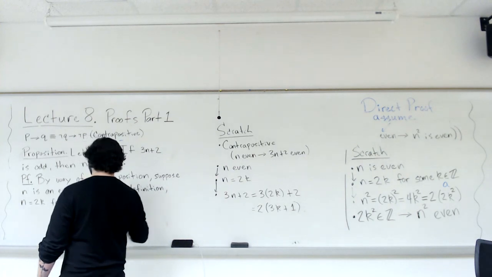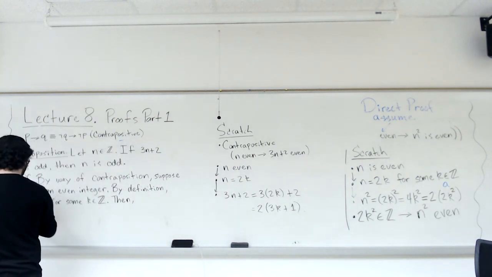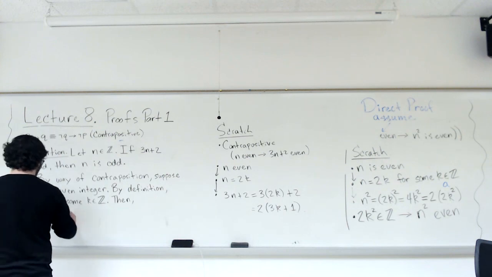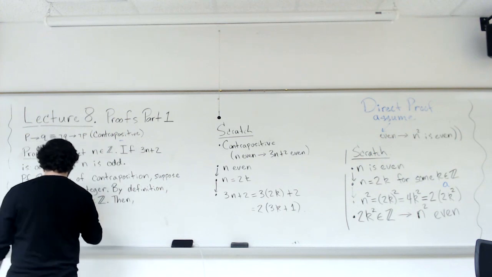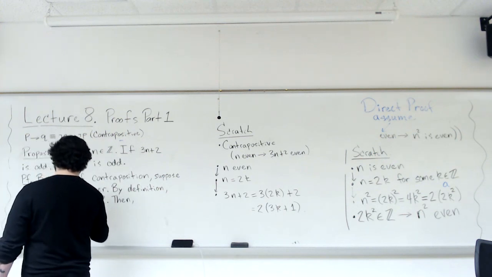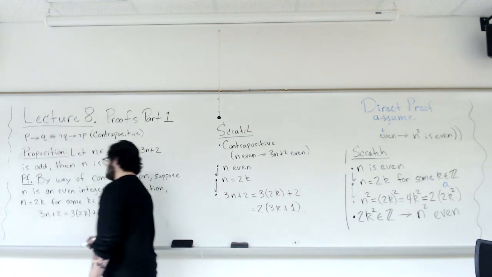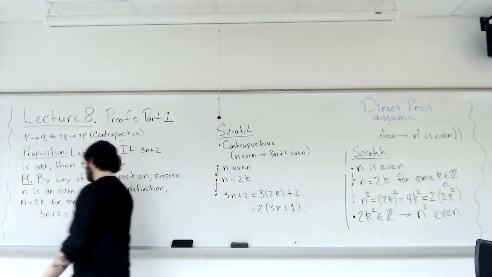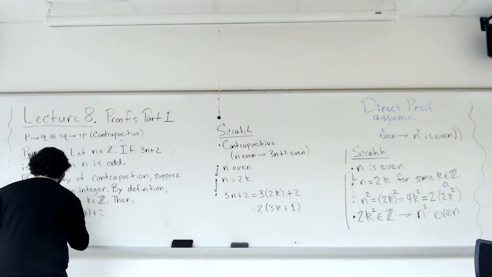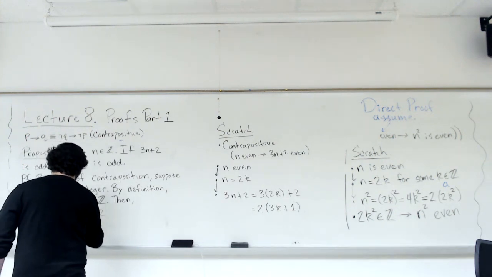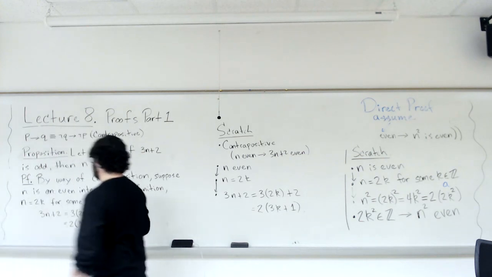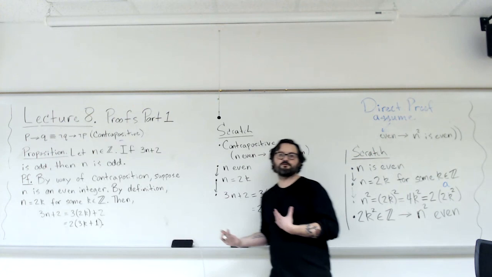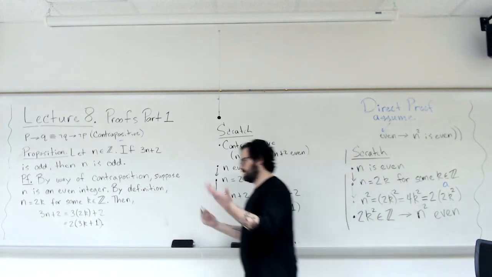Then, 3n plus 2 is equal to 3 times 2 times k, all plus 2. Factor out the 2, and we get 2 times 3k plus 1. Now we have to remind the reader of the definition, and we're done.